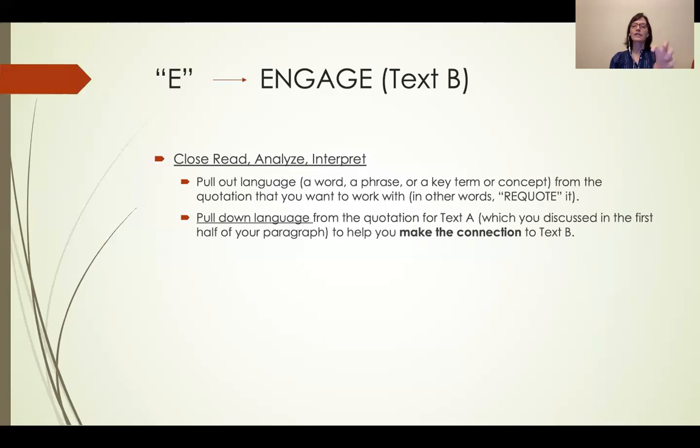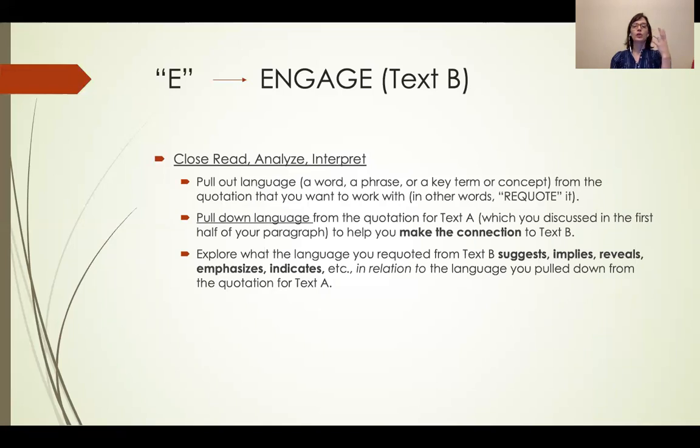As you are close reading that language from your quotation from text B, you're going to pull down some language from the first half of your body paragraph from the quotation from text A. And you're going to use that language from the quotation from text A to help make the connection to text B.